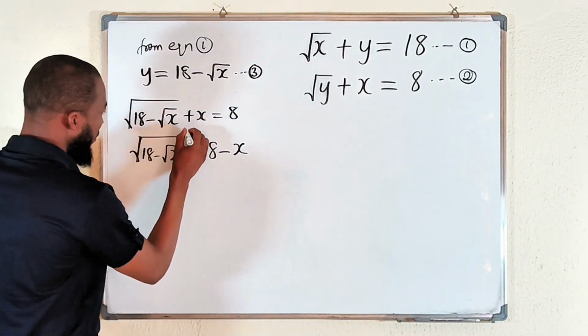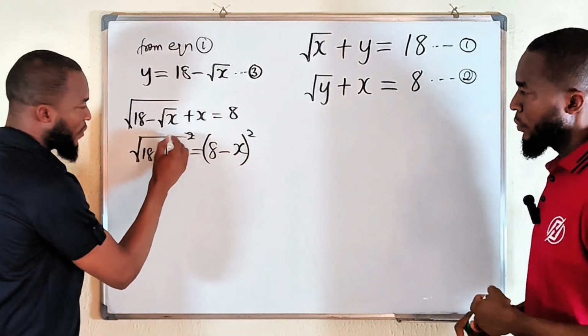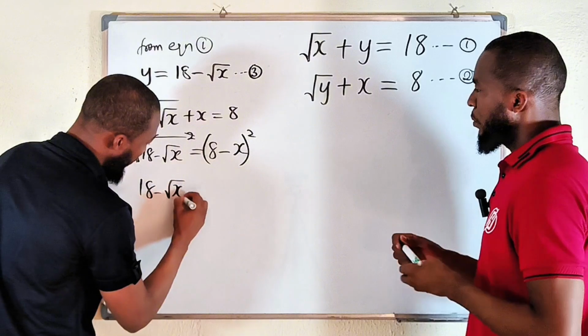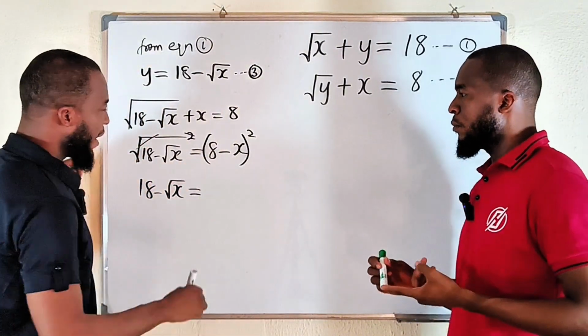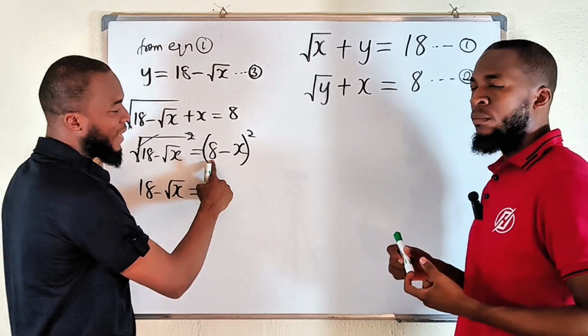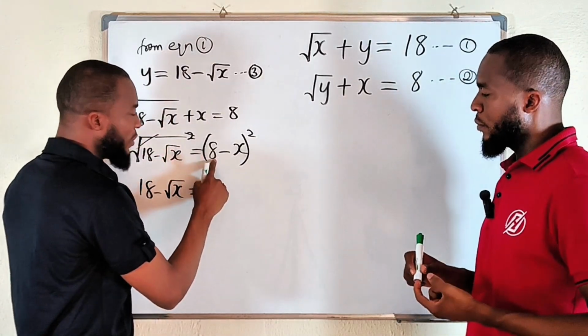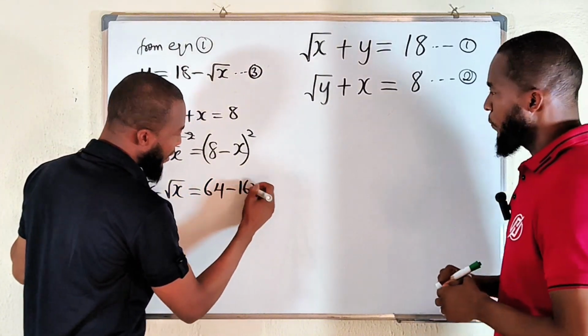If you square this, okay, let me do that. Square this, square this. This will cancel the square root, so we have 18 minus the square root of x. This is equal to, we have a binomial expansion here. First term squared, 8 squared is 64. 2 times this is 16, times this we have negative 16x.